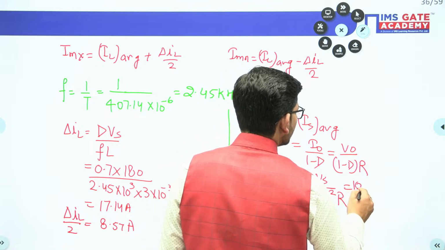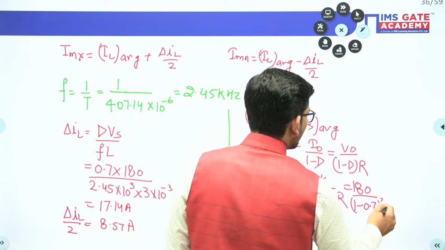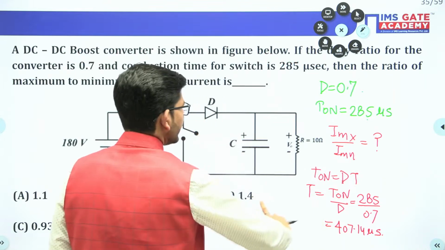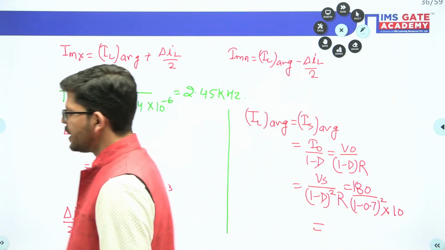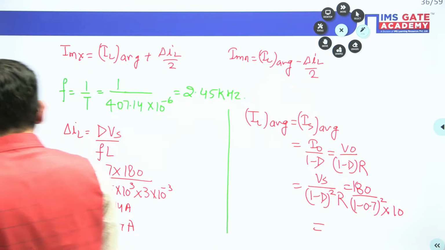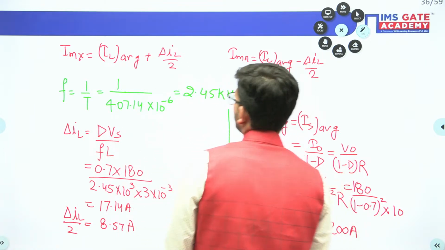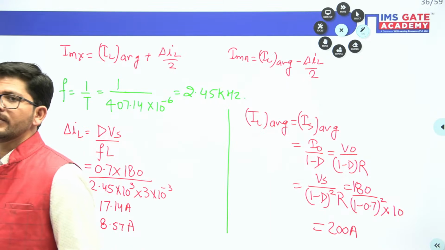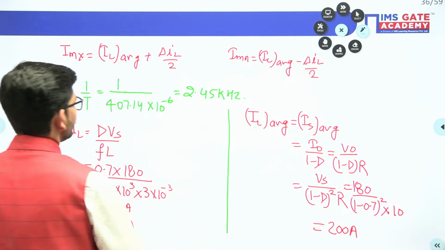So it is 180 divided by 1 minus 0.7 square into R, which is 10 here. From here you can calculate the average inductor current, and it will be 200 amperes. So this is how we get the value of IL average and the value of del IL by 2.